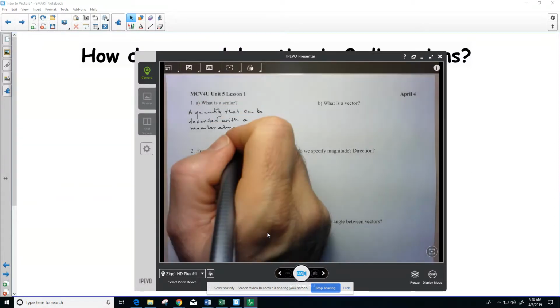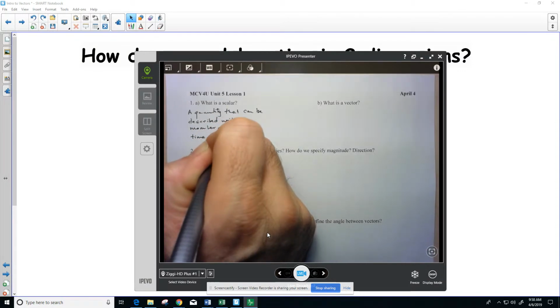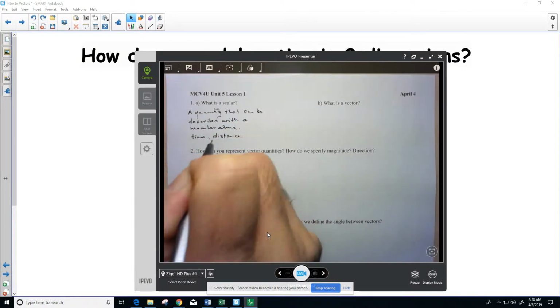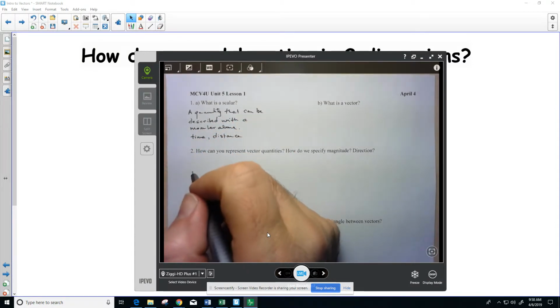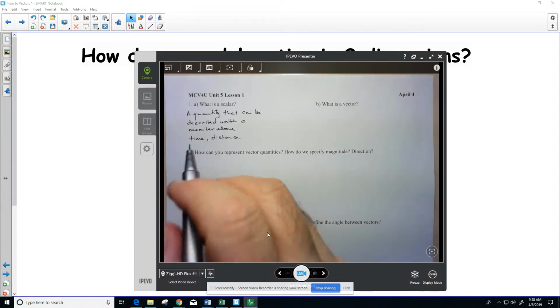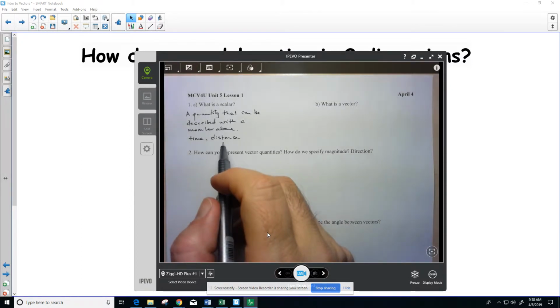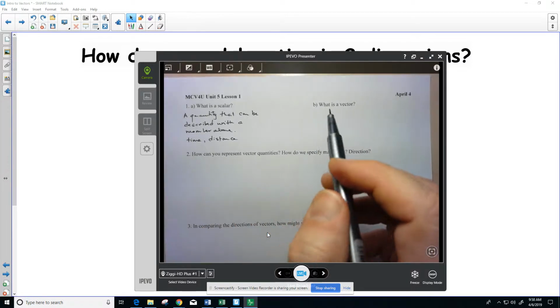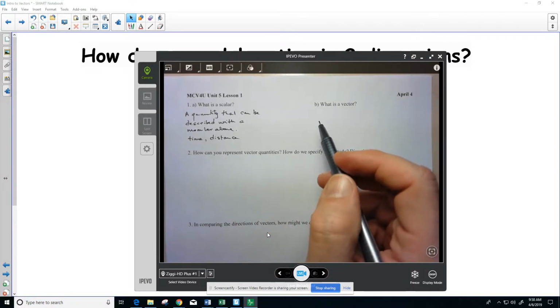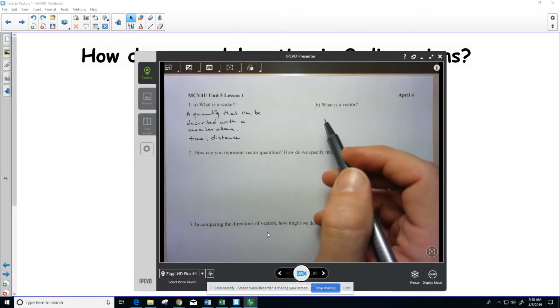In particular, things like time and distance, these are what we consider scalar quantities, where we just need a number. So how long did you run? 50 minutes. How far did you run? 10 kilometers.